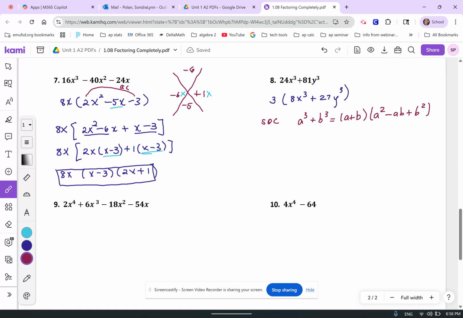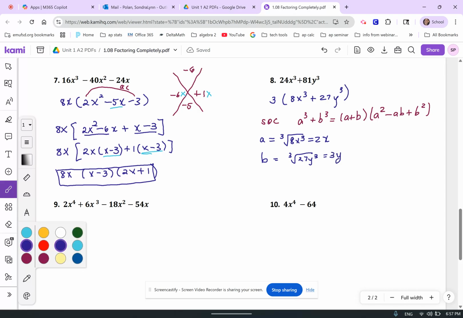In this case, a is the cube root of 8x cubed. Cube root of 8 is 2. Cube root of x cubed is x. B is going to be the cube root of 27y cubed, which is 3y.